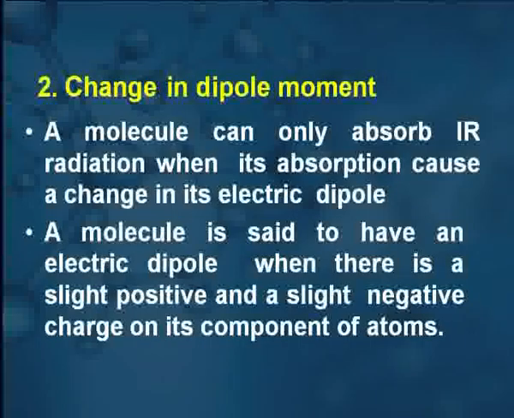Next is the change in the dipole moment. A molecule can only absorb IR radiation when its absorption causes a change in its electric dipole. When the electric dipole moment changes, then only the absorption will take place. A molecule is said to have an electric dipole when there is a slight positive and negative charge on its components of the atom.